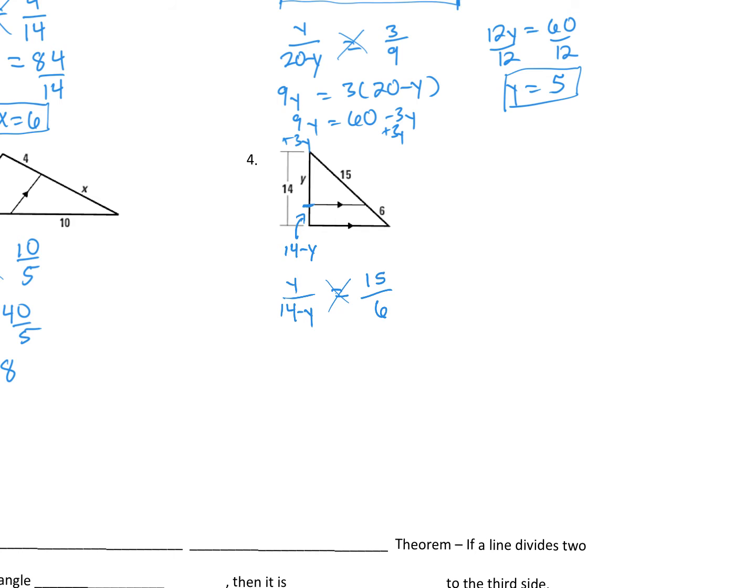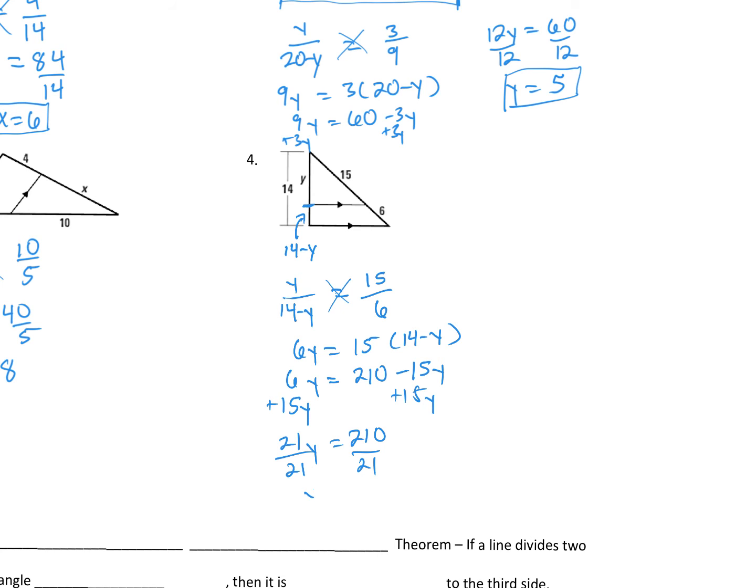Cross multiply, we have 6y equals 15 times 14 minus y. 6y equals 210 minus 15y. We can add 15y to both sides. I want all the y's on the same side. This gives me 21y equals 210. Well, that's pretty simple. We can divide by 21. Y should equal 10.